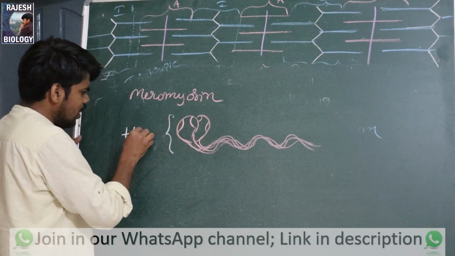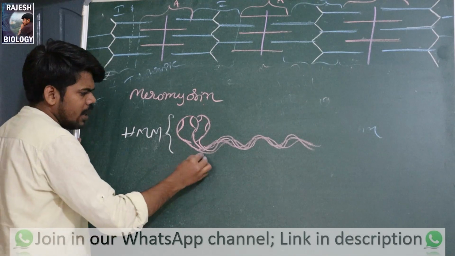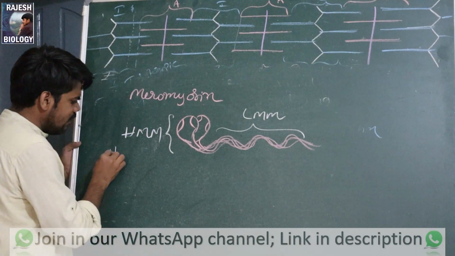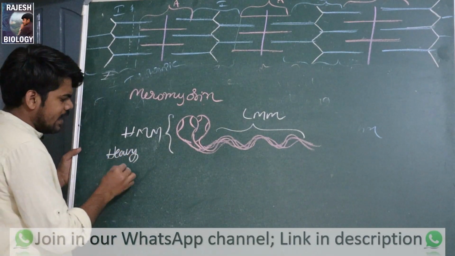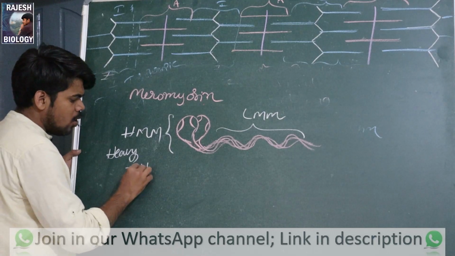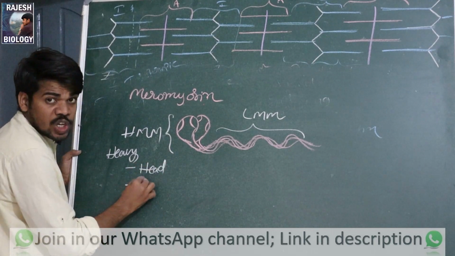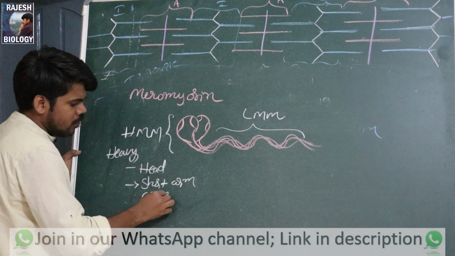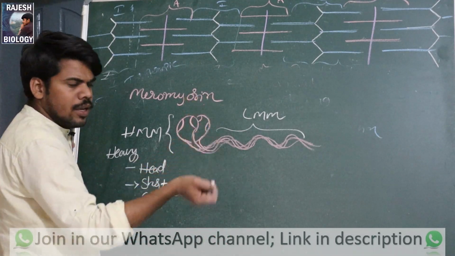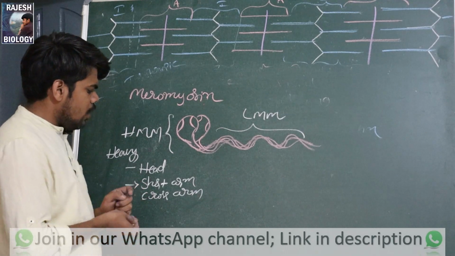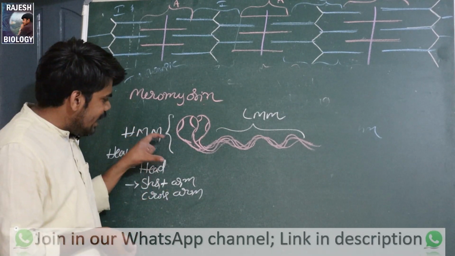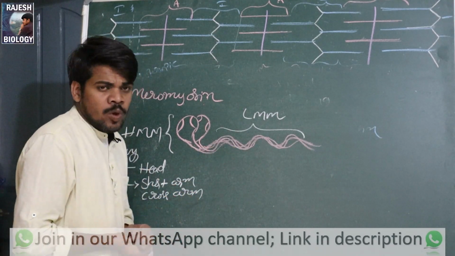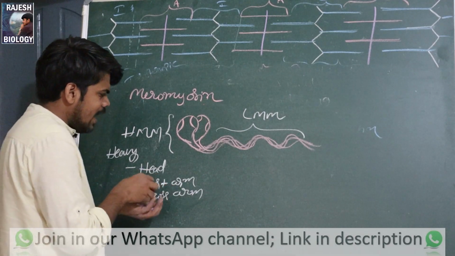Each meromyosin is made up of two portions. One is heavy meromyosin, another one is light meromyosin. Heavy meromyosin has two portions. One is the head, another one is the short arm or cross arm, because it is present in a crossed manner. That's why it is called a short arm, cross arm, or neck. Head and neck together form heavy meromyosin. The tail constitutes light meromyosin.